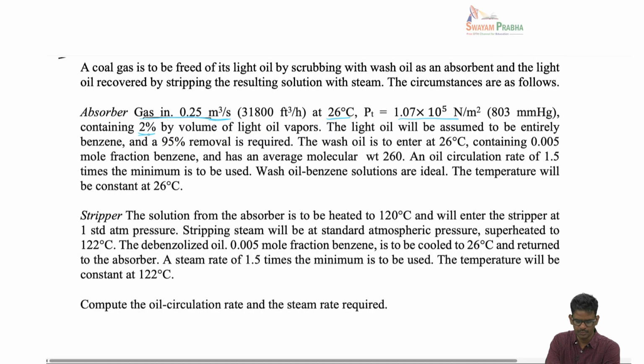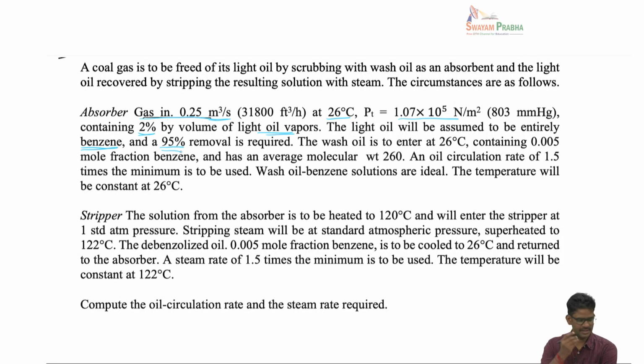It has 2% of some vapors, and this vapor is nothing but benzene, and we want to remove 95% of this. So the incoming gas has 2% of benzene, of which 95% we want to remove. This is the design specification. Y1 is mentioned, Y2 is also mentioned.